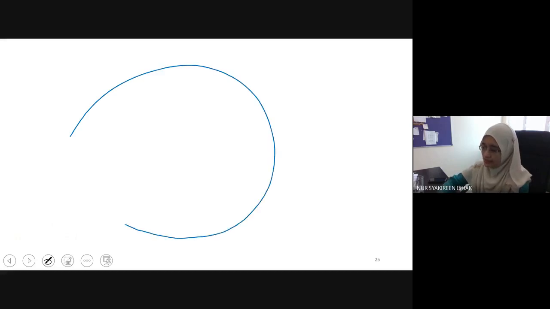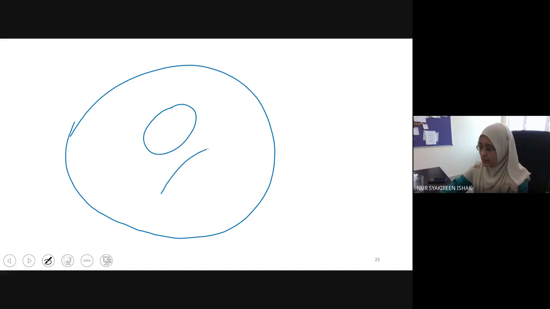Okay. Sekejap. Dalam sel kita ada nucleus, and then ada mitokondria kan. So kalau tengok mitokondria ni, contohnya bentuk dia macam bakteria.